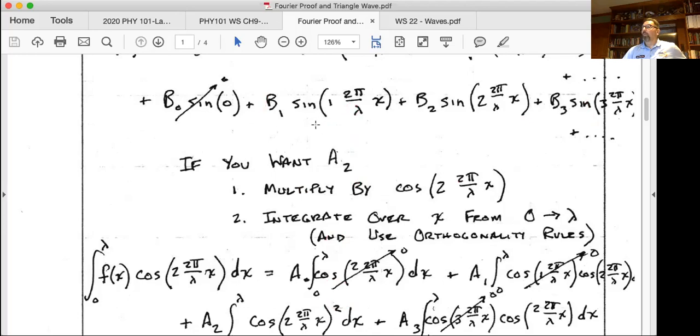The first thing you do if I want A2, the second of the A's, is multiply everything by cosine of 2kx. I got a drawing tool back. If I want A2, I multiply everything by cosine of 2kx.